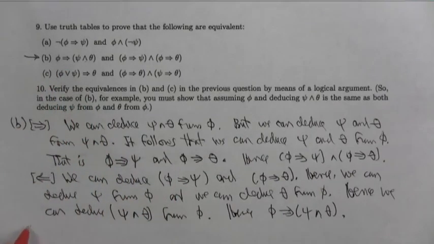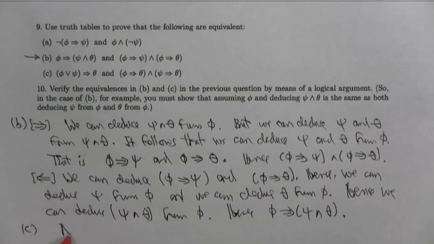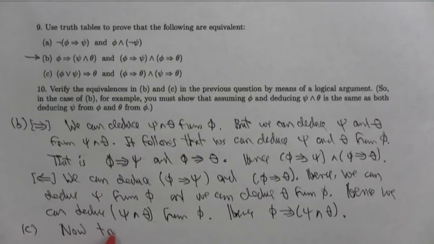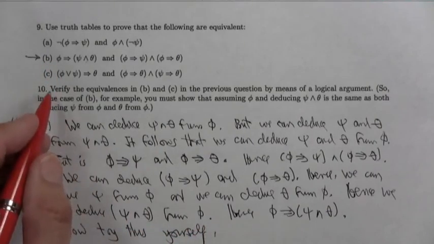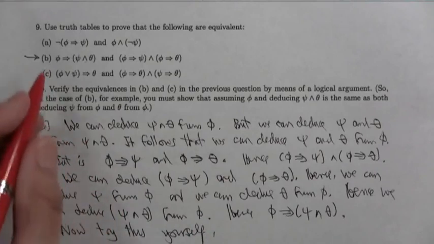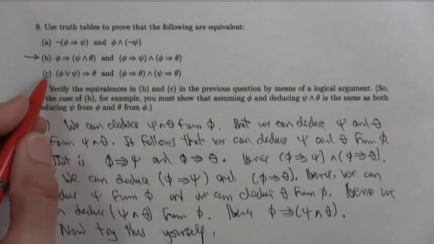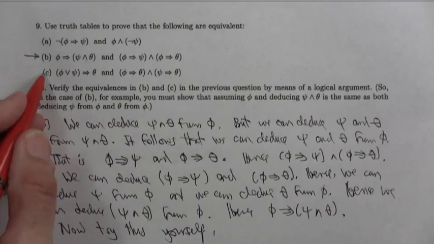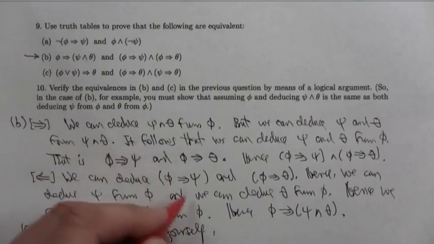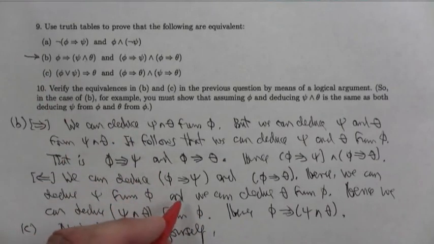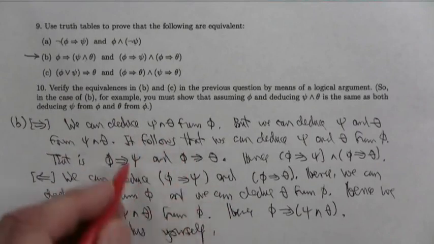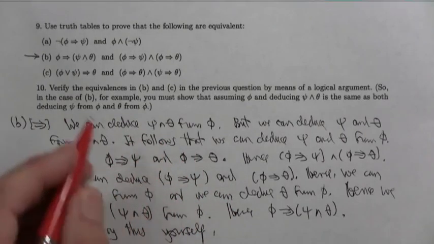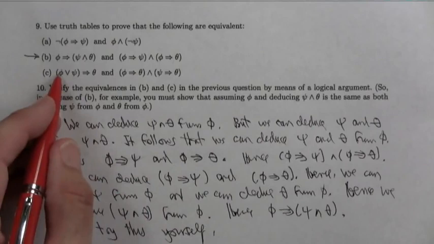And I'm going to leave C for you to try. So if you haven't got this one out already, having seen me get through part B, see if you can do part C. Whatever you do, don't take this literally and try to just change symbols. Get a handle on the kind of reasoning I was using, and then use that reasoning to do this.